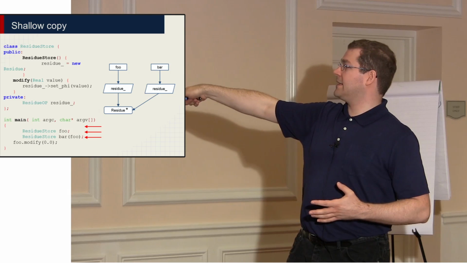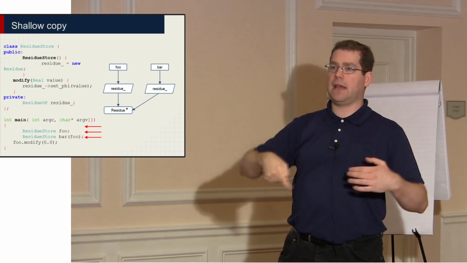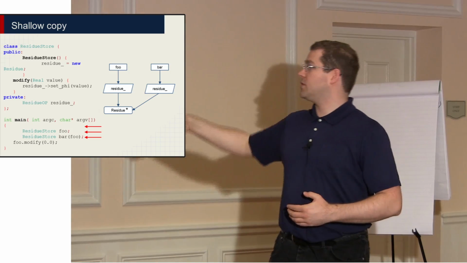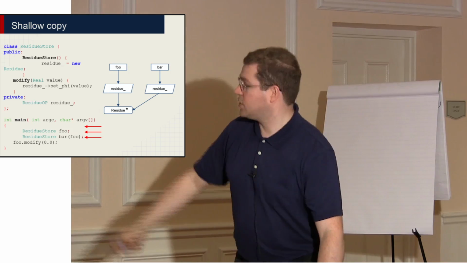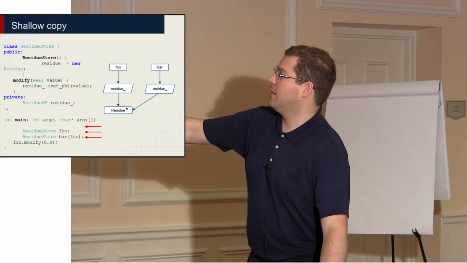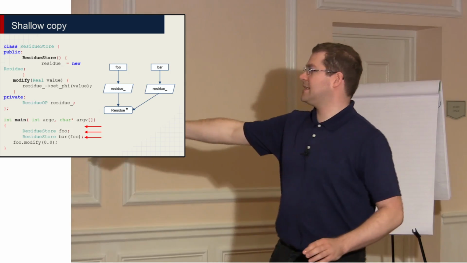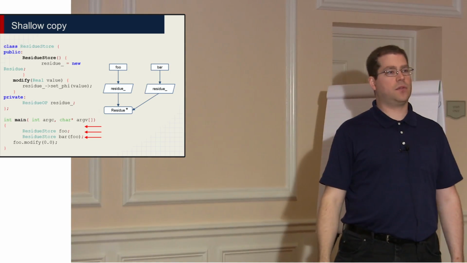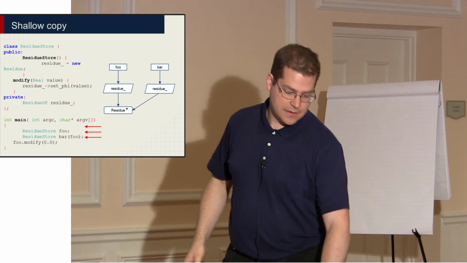Bar gets its own copy of the residueOP object, but that's still pointing to the same residue object on the heap. So now foo and bar are sharing the same residue. When we modify the residue object through foo, we also see the same modification if we access it through bar. This may or may not be what we want.